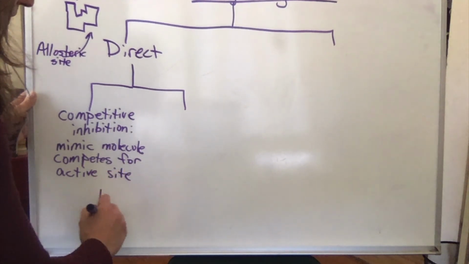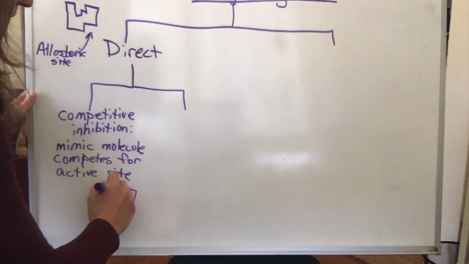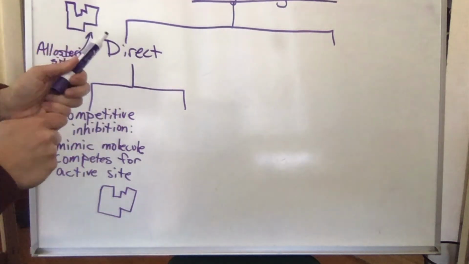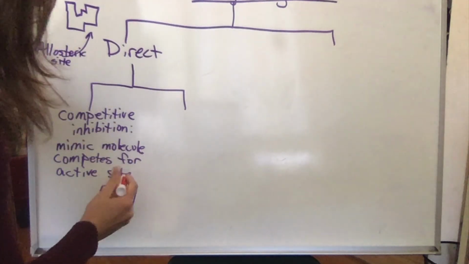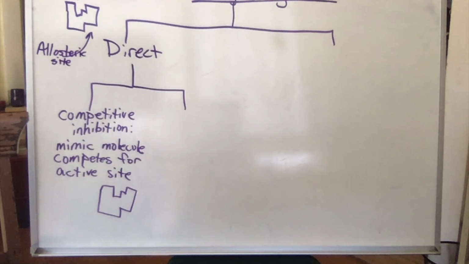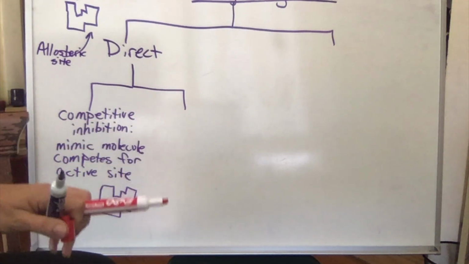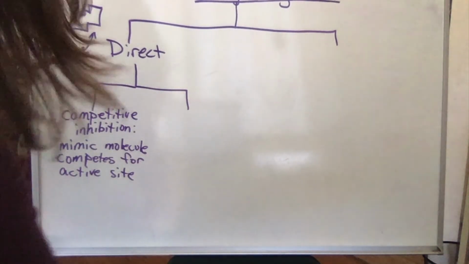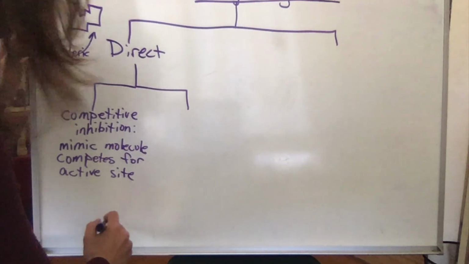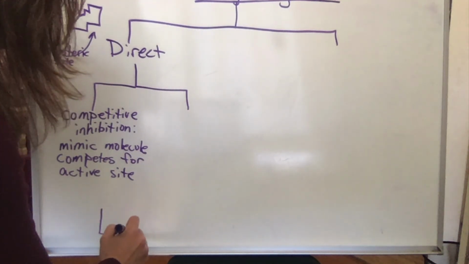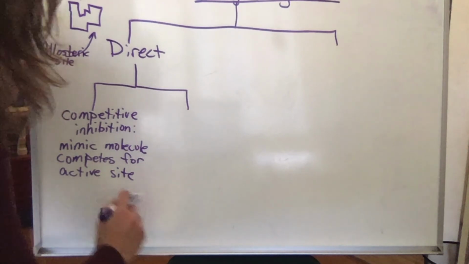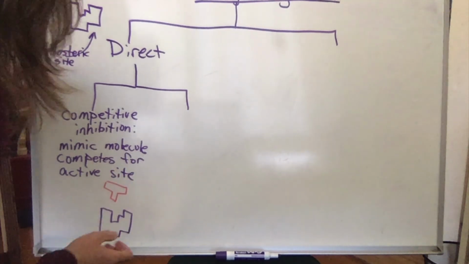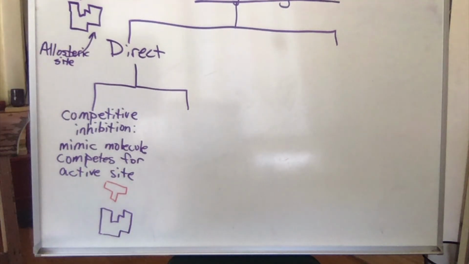So here we have our enzyme, and normally we have our substrate binding. Sorry, I should have drawn that a little bit lower. Let's see if I can. Yeah. So here we have our enzyme, whereas normally we have our substrate able to bind.